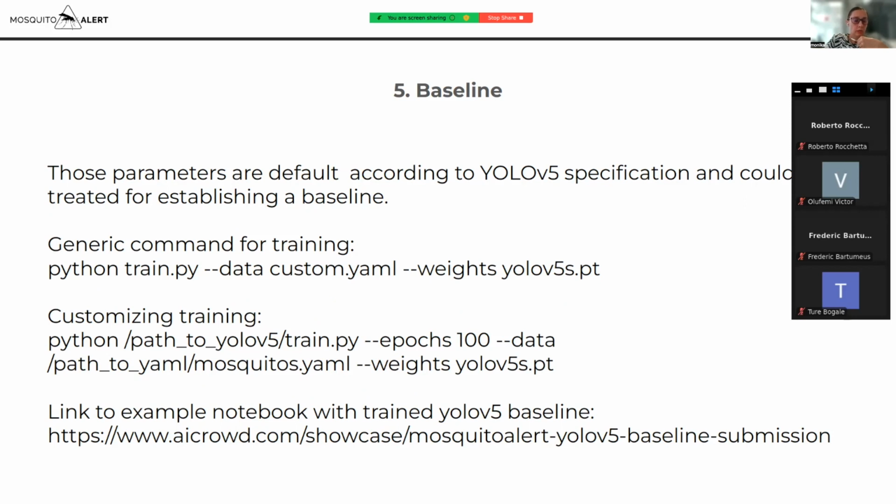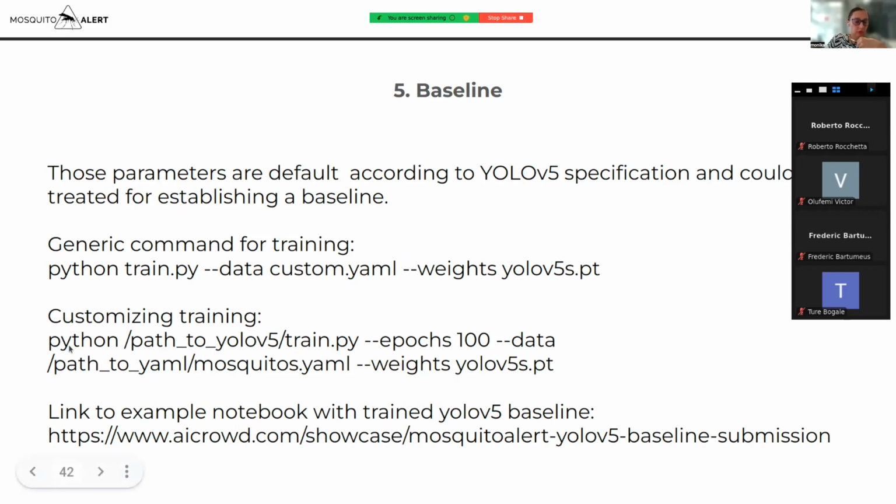For the custom training, the general command is here. You can use that command, which is using the default parameters. You only have to create your own YAML file specifying where the data set is. Basically, if you want to start your own solution, you just have to create that YAML file and that's it.